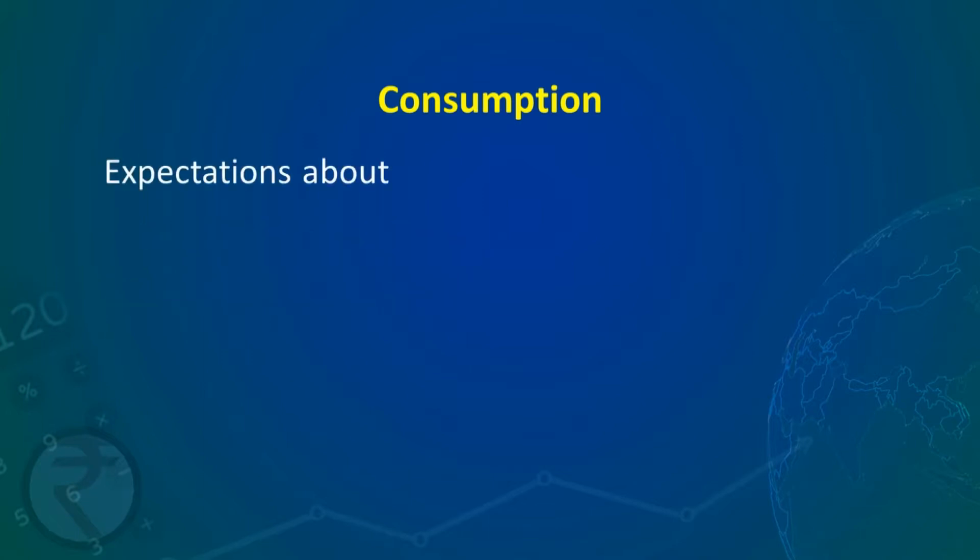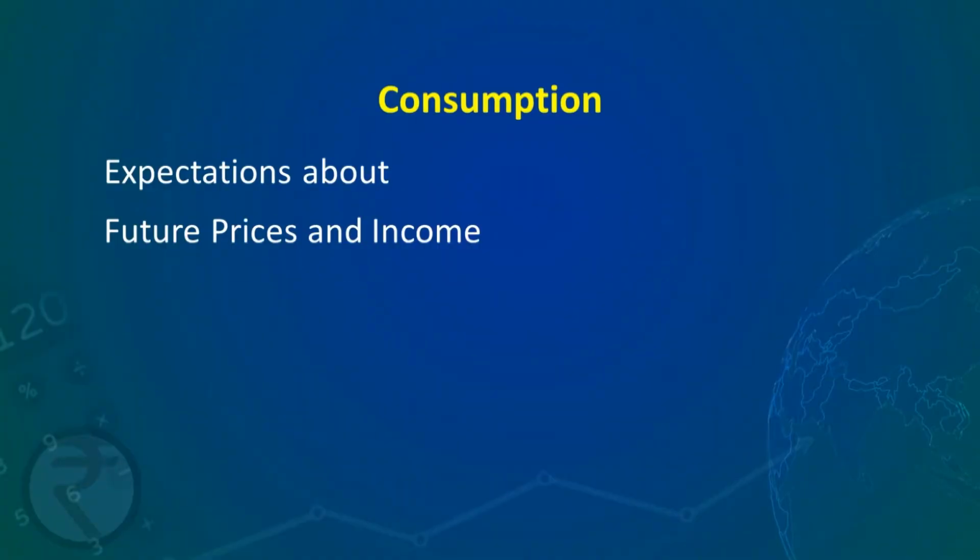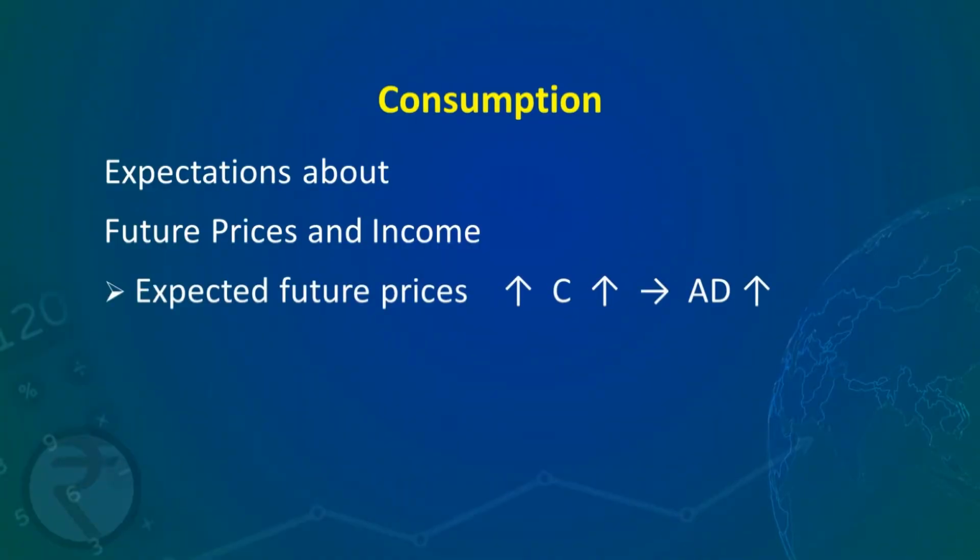Now what is the effect of expectations about future prices and income? We don't only buy goods on the basis of the present prices, we also take into consideration what is going to be the price in future. If the people expect future prices to increase, they will buy more, consumption will increase. Why?